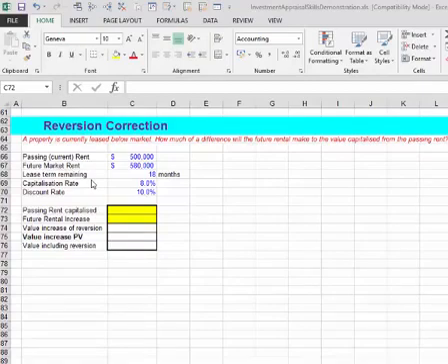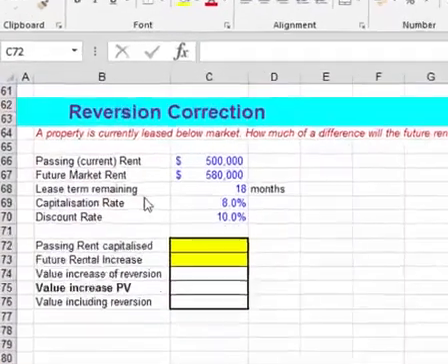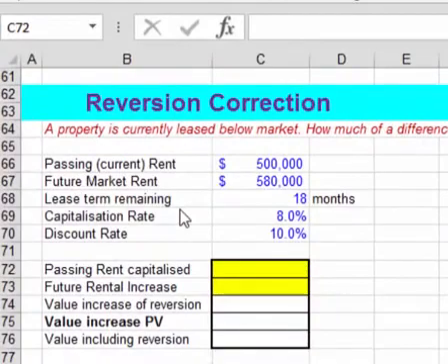How do we calculate the value of the property when we have the passing rent that we can capitalize, however it's under the market, but we also have the market rent available, but it's not what the landlord is able to earn initially? We do that by a calculation known as a reversion correction.